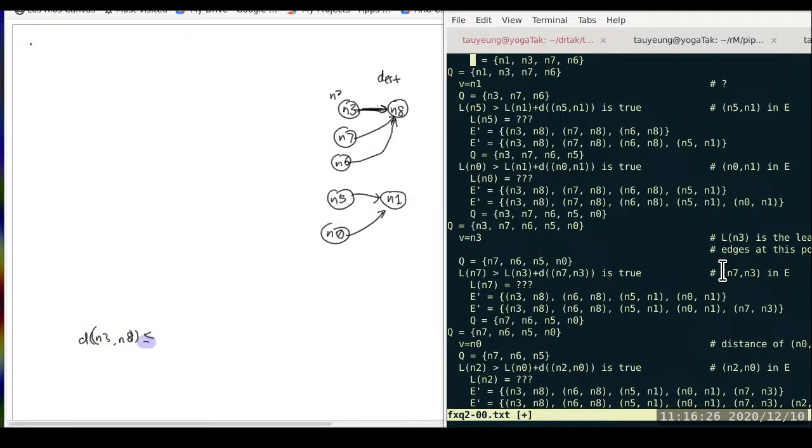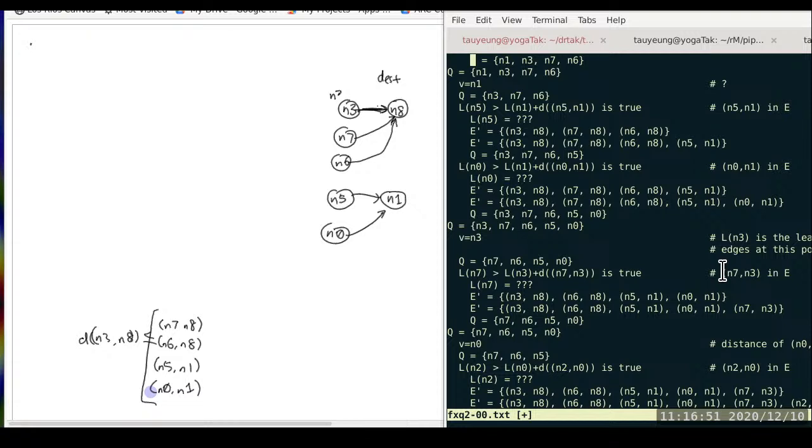I'm just going to use an abbreviation here. It will be less than the distance of n7 n8, n6 n8, n5 n1, and n0 n1. So the distance of that particular edge is the smallest amongst these five.